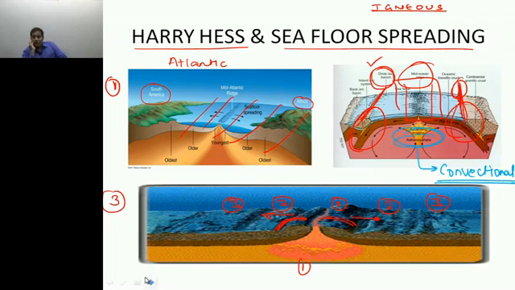Now, if the question is which is the longest mountain system on the earth, if you look only on the surface of the earth, that is on the continents, the Andes is the longest mountain system. But if we look at the total area on the earth itself, the longest mountain system is not present on the continents, but below the ocean in the form of a mid-oceanic ridge.